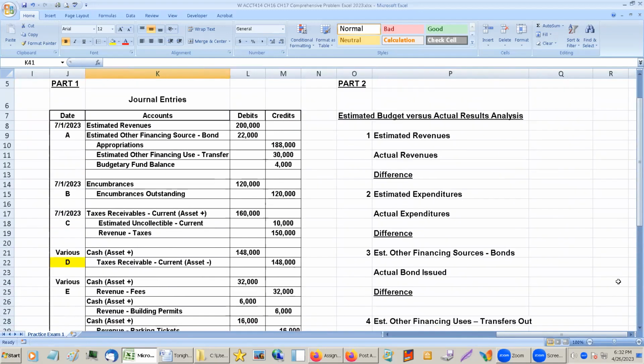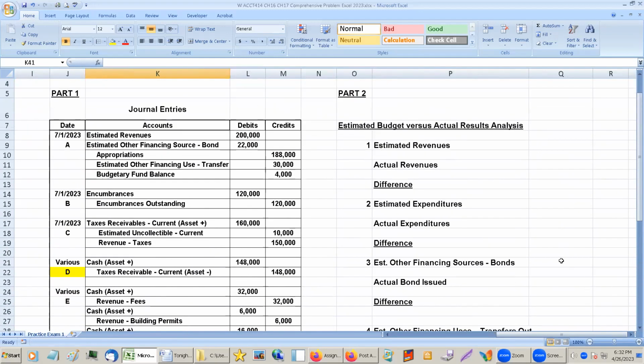Okay. Coming over here, one of the things that they like to do on the CPA exam is say, how did the actual stack up to the estimate? A lot of times they'll have this on drop downs or multiple choice questions.